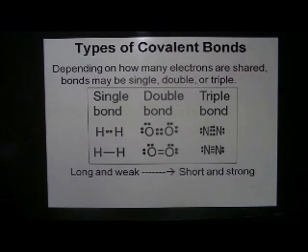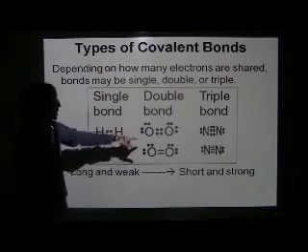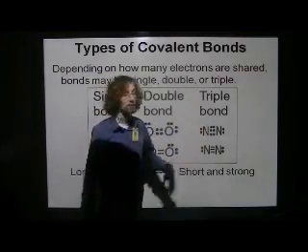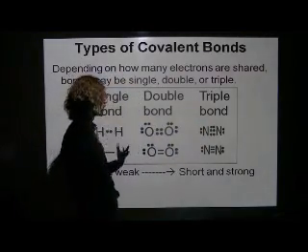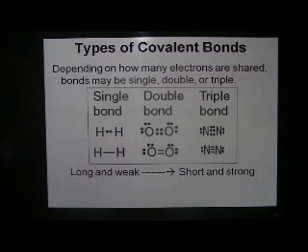Alright, when covalent compounds form, to get that octet, sometimes, like we saw in the last slide, they'll form a single bond. If that doesn't get them to their octet, they'll share more electrons and form a double bond. And if that doesn't work, they'll share even more electrons and form a triple bond. So in your notes, I need you to write down single, double, and triple bond.